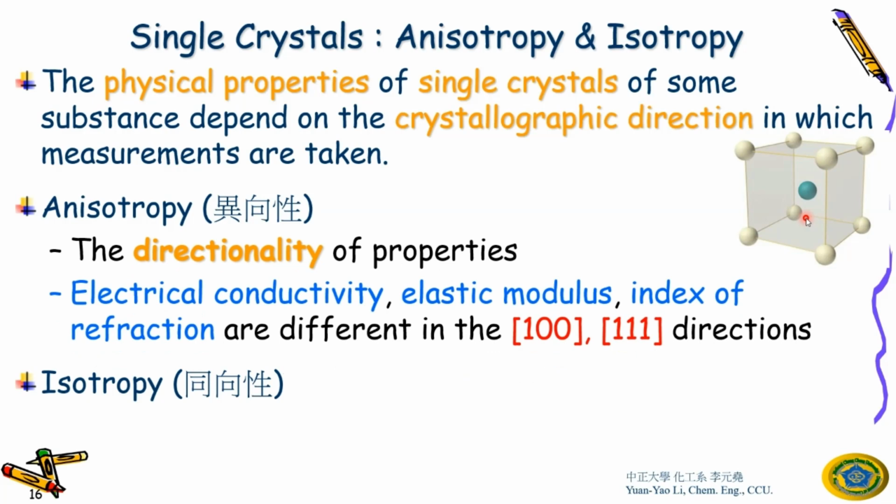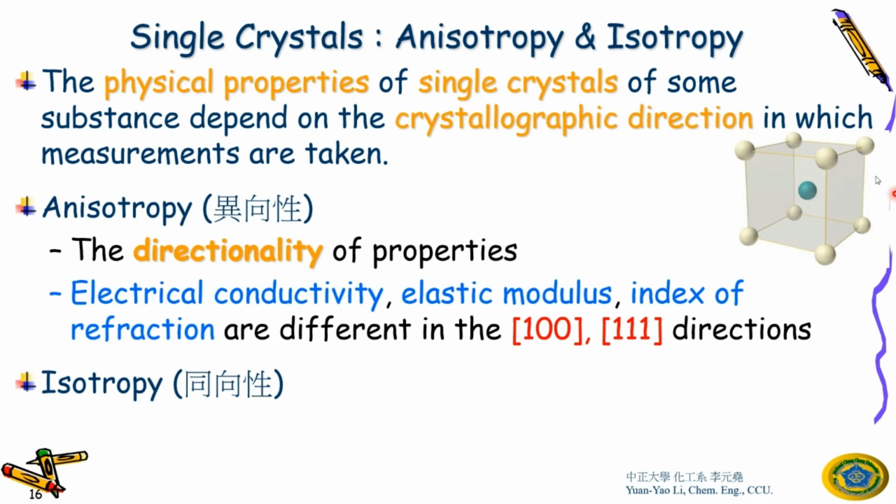For example, if you have different directions in this crystal, you might have different electrical properties, you might have different optical properties. For example, 100 or 111 planes. The square brackets are for direction.